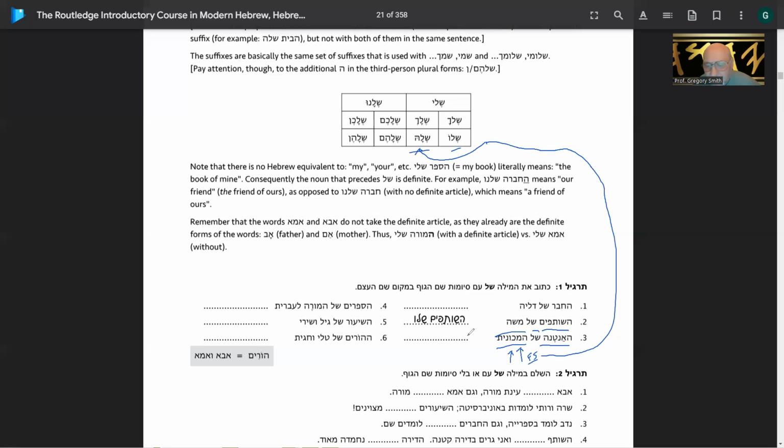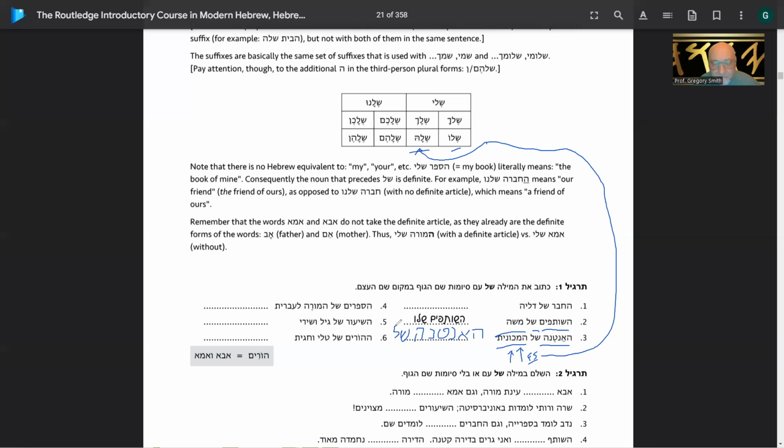Okay, so antenna, and then we've got to put shela in there.